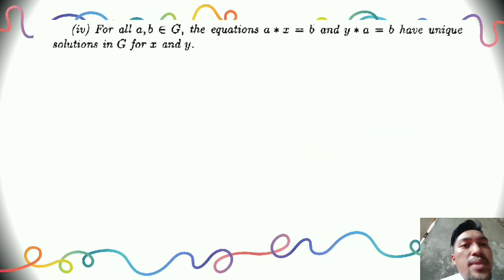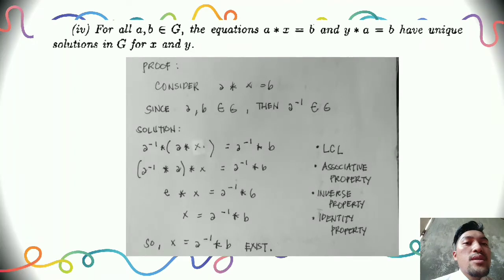For number 4, for all A, B that are elements of G, the equations A star X equals B and Y star A equals B have unique solutions in G for X and Y. Proof. Consider A star X equals B. Since A, B are elements of G, then A inverse is an element of G also.